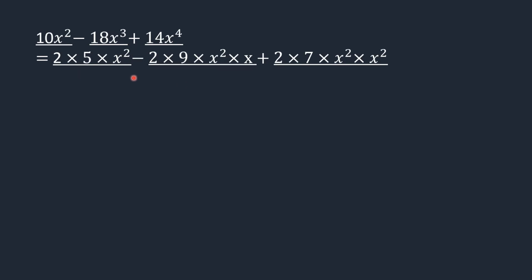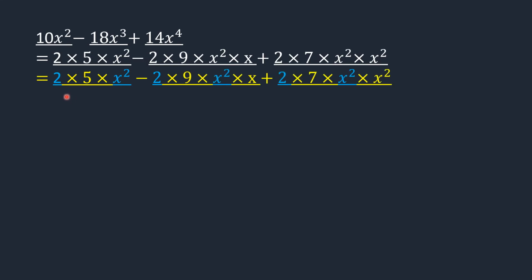Next, find the common factors between the three terms. We find that from the first term, second term and third term, we get 2x squared as the common factor. So that we will write first.